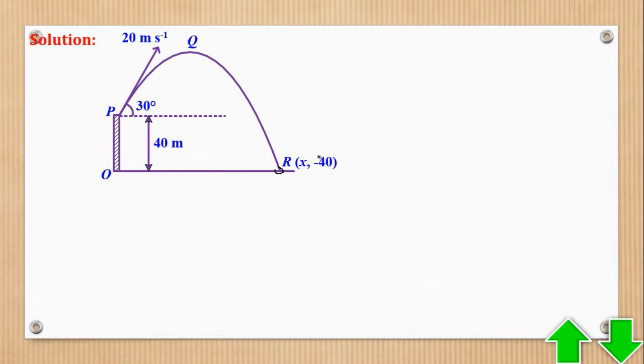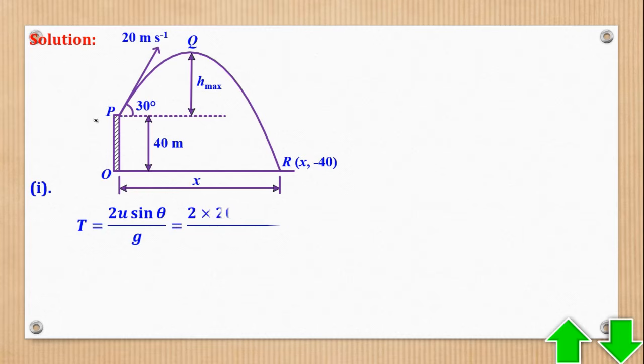So I think you realize we still have a negative because this point is 40 meters below the point of projection. So that is our H max, and this is our total horizontal distance. Remember, it is not the range.